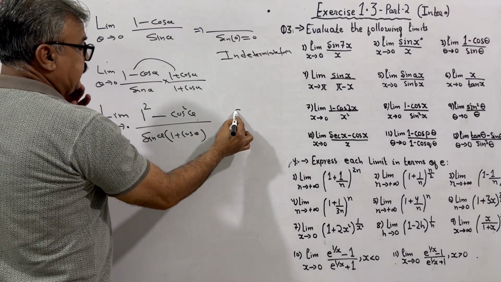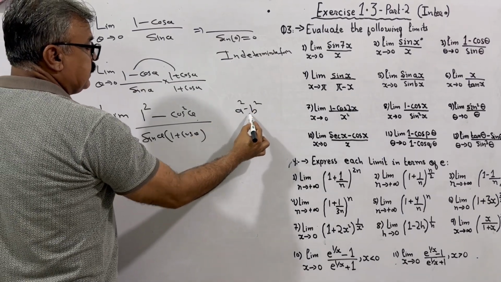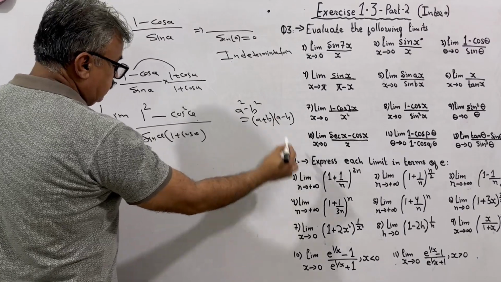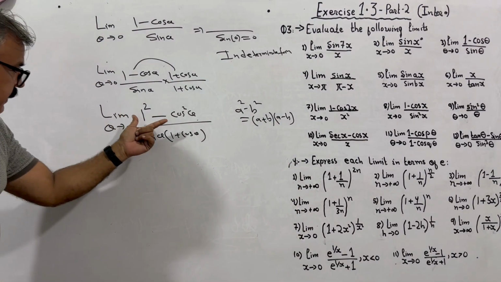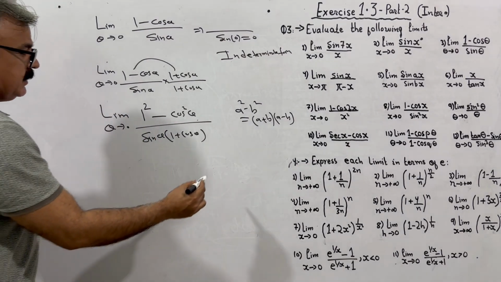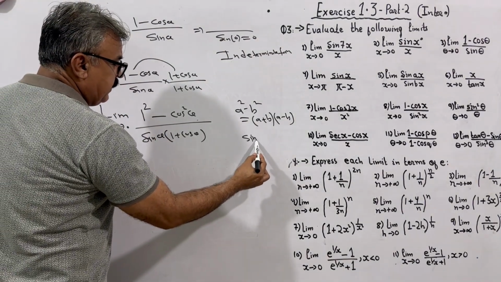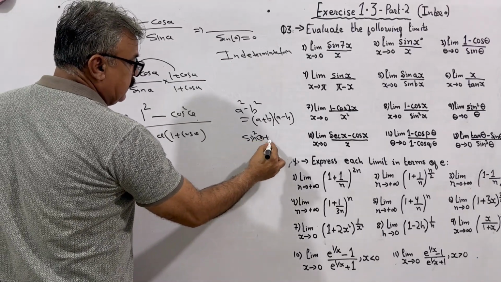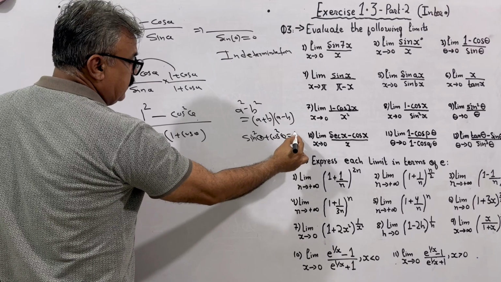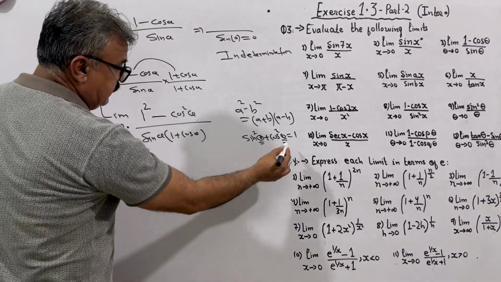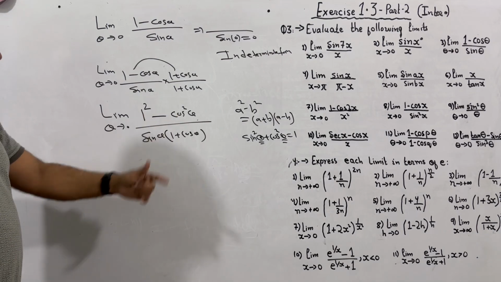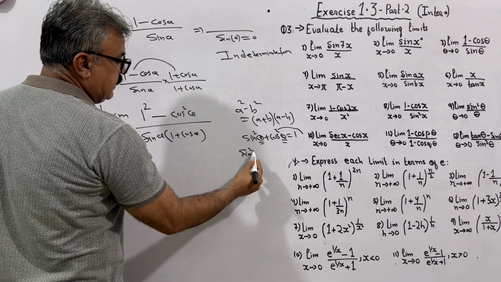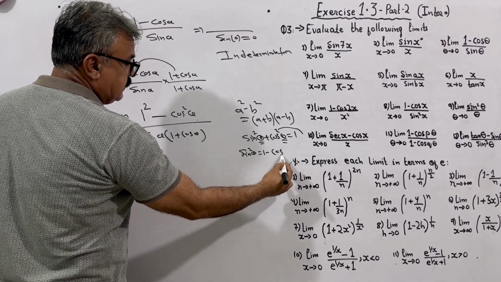By virtue of the identity a square minus b square is equal to a plus b times a minus b, 1 minus cos square is equal to sin square. We utilize a tiny fact from 10th grade, even 8th grade trigonometry: sin square plus cos square is equal to 1, provided the angle is the same. So if I shift cos square, sin square is going to be 1 minus cos square.